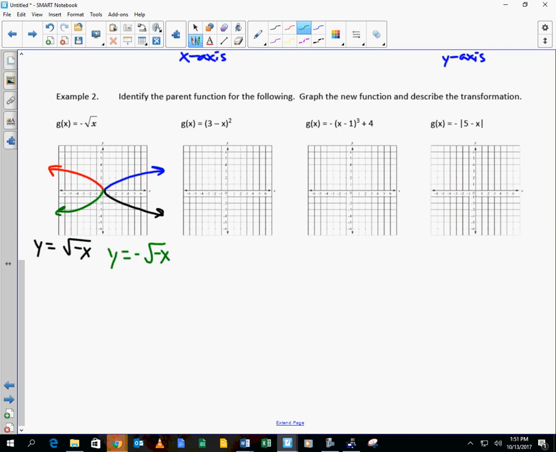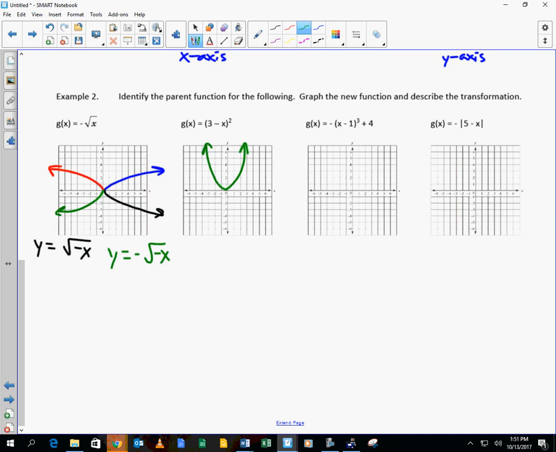Okay? All right. 3 minus x quantity squared. Don't worry about the negative on the inside. Just follow my direction. What does the parent function look like? Parabola. Instead of focusing on the negative on the inside, because honestly, you guys, in mathematics, the negatives on the inside rarely ever happen unless it's a square root function.